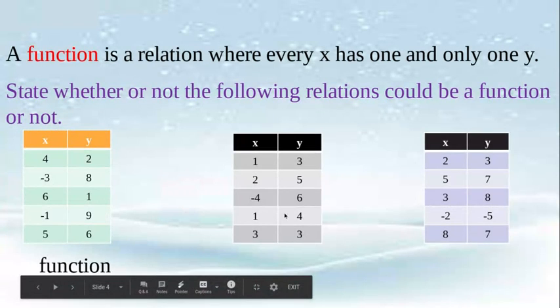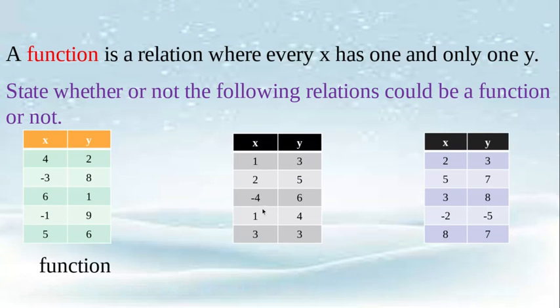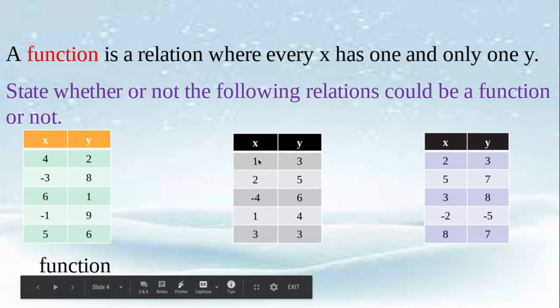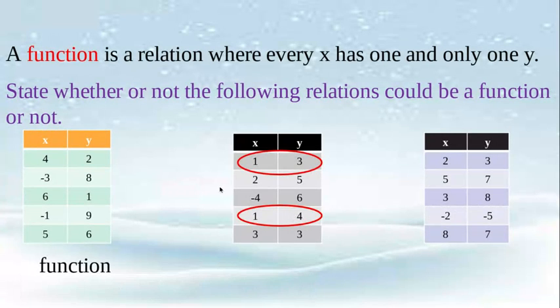All right. Now, that'll make sense once we see an example that's not one. So if we look at the middle table, 1 goes to 3. Any other 1s? Oh, yep. 1 also goes to 4. So can we have an x going to two different y's? Can we have 1 going to 3 and 1 going to 4? No, we can't. Not allowed. If you see that, then it's automatically not a function.